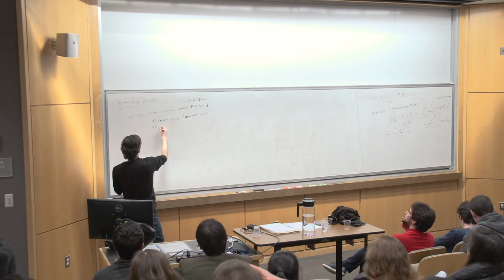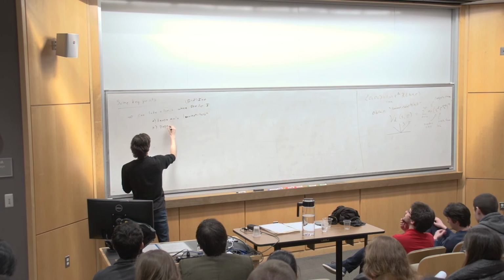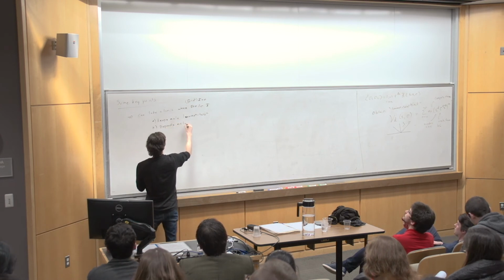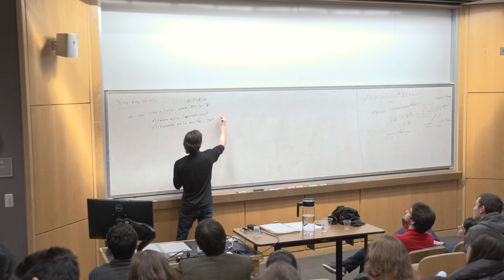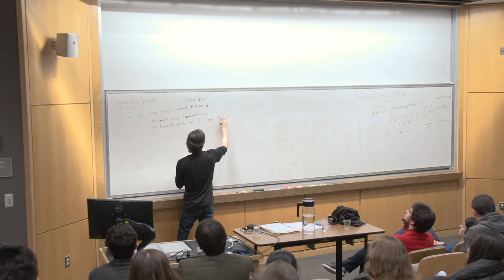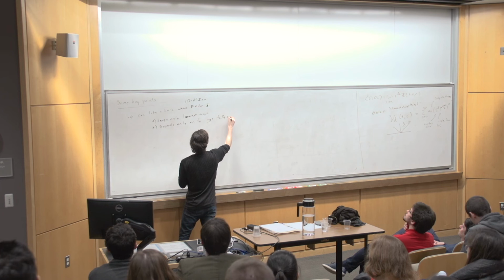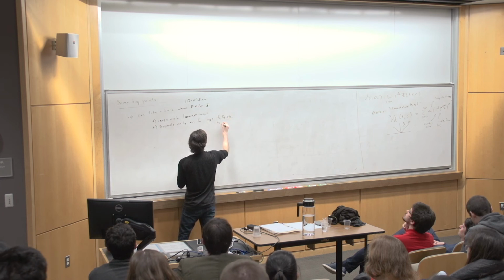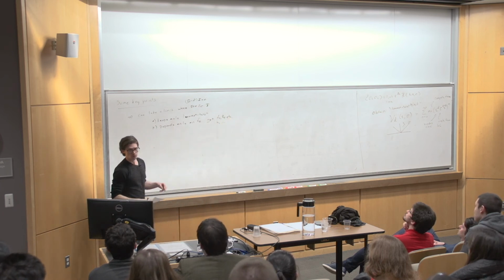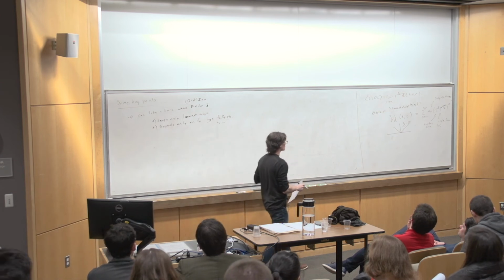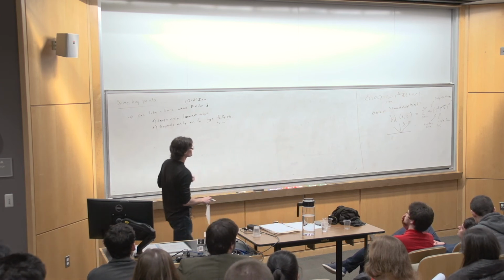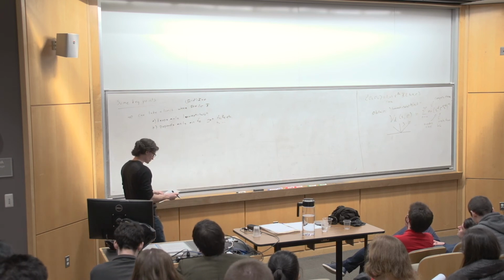And second, it manifestly depends only on F0. It doesn't depend on F2, F4, etc. Okay? So that's basically how you see that the equation of motion is universal.